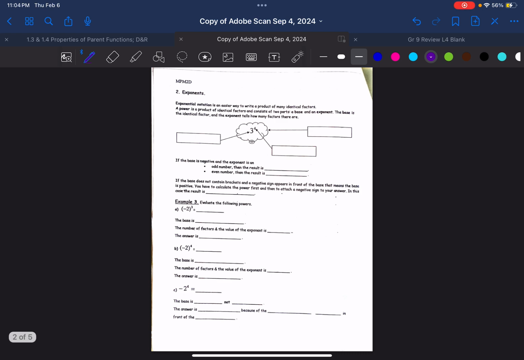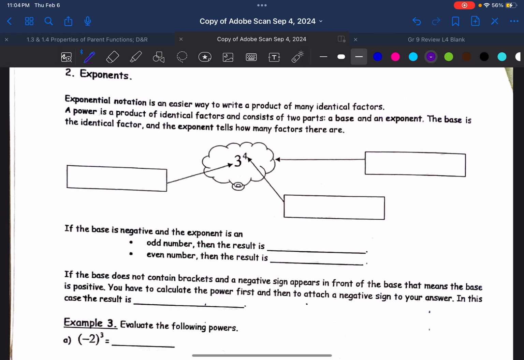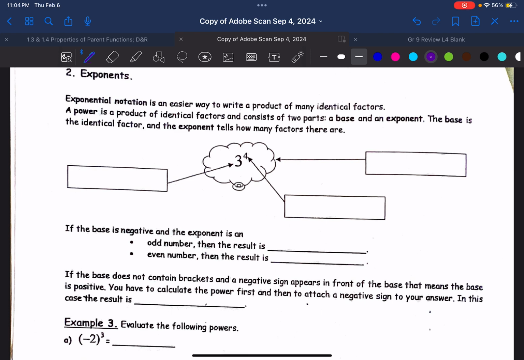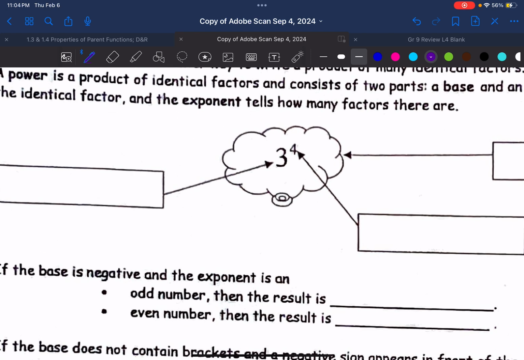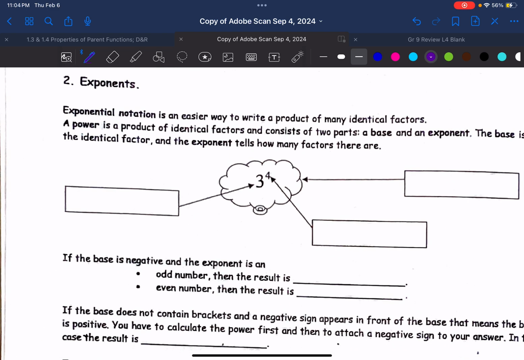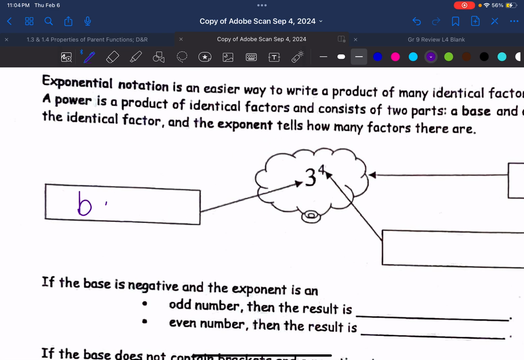Then when we flipped to the next page, this is where we started talking about exponents, and we looked at what are the components that make up this power function. We said that if we're looking at just the 3 here, which is in the bigger font, we consider that to be the base of our exponent. So that is the thing that is getting multiplied by itself a certain number of times.